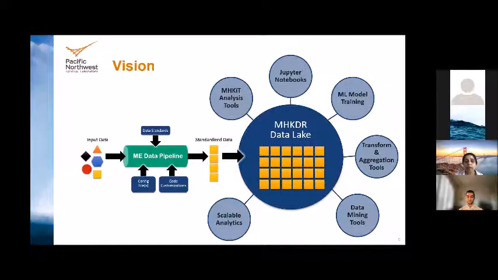We use this pipeline to standardize this data and ultimately make it available in MHKDR or a data lake, where we can run additional analysis, run your own Python code, do some training for machine learning, or even transform and aggregate. You could take two sets of standardized data and transform them into a common grid, or even average it and run additional analysis on that data. So this is the vision that we have for this particular project.